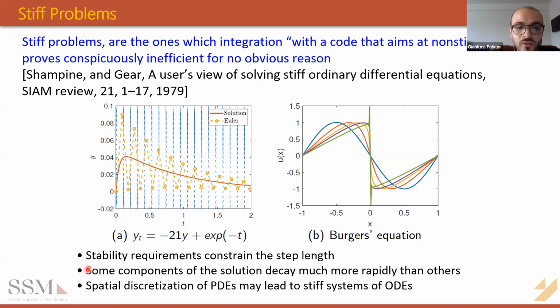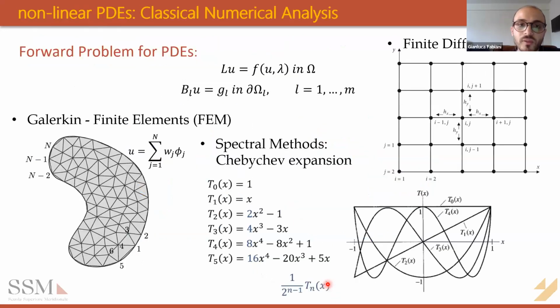If we are dealing with components that decay much more rapidly than others, as happens in chemical reactions, stiff ODEs, this can raise stiffness. And also, if we are solving PDEs and we use a finite difference discretization or any discretization, this will lead to a system of ODEs that is stiff.